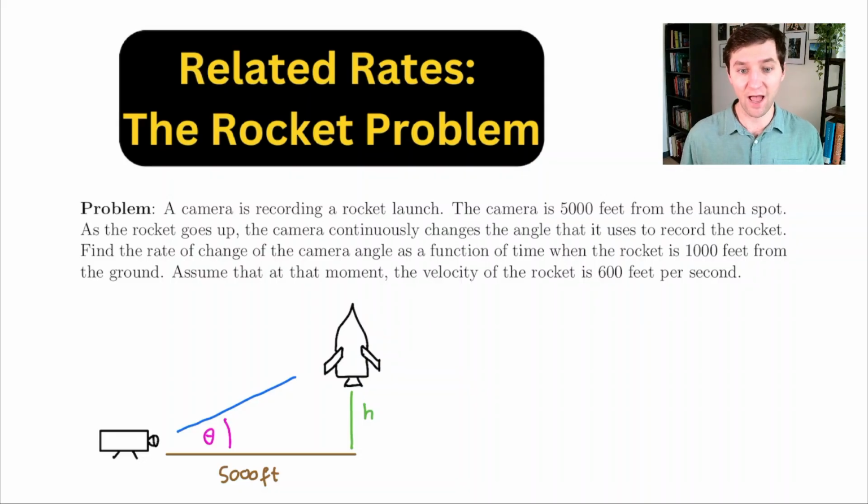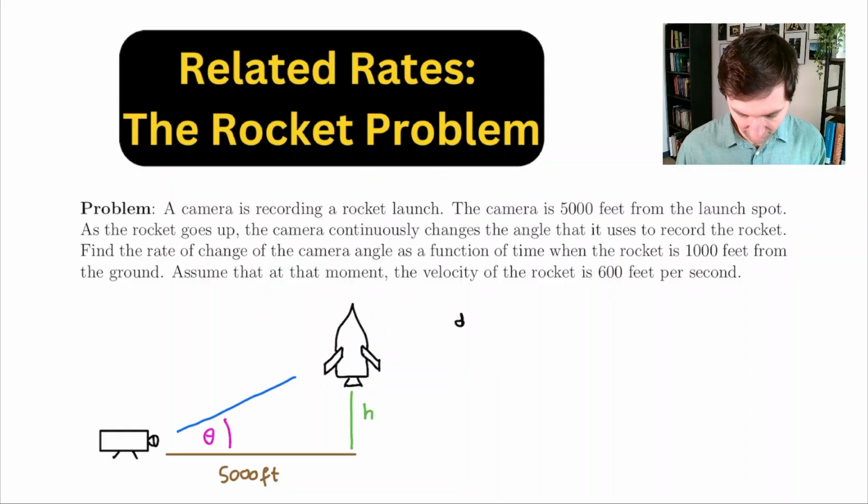And I know that I will be interested in the rate of change of theta whenever h is 1,000. We are told that the velocity of the rocket at the moment of interest is 600 feet per second. This means that the rate of change of h with respect to time at that moment is 600 feet per second. Let's write that down.